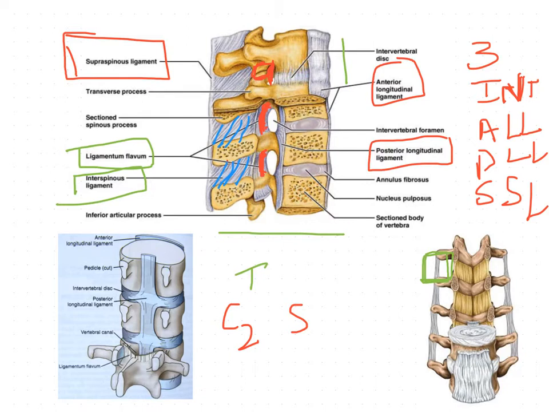They only attach in between the two spinous processes of two adjacent vertebrae. This interspinous ligament, which is well developed only in the lumbar area, runs from the base of one spinous process to another.